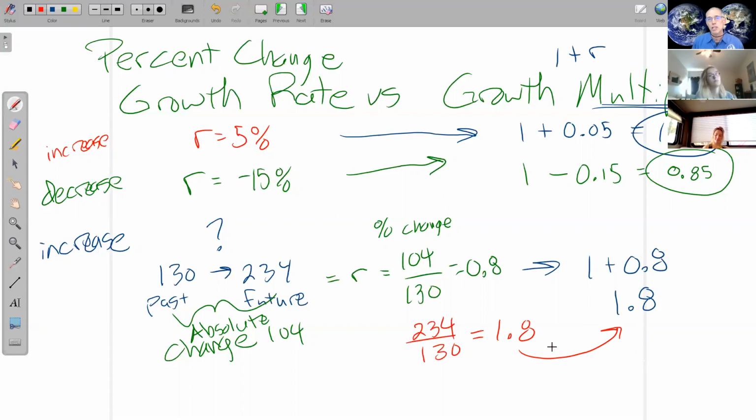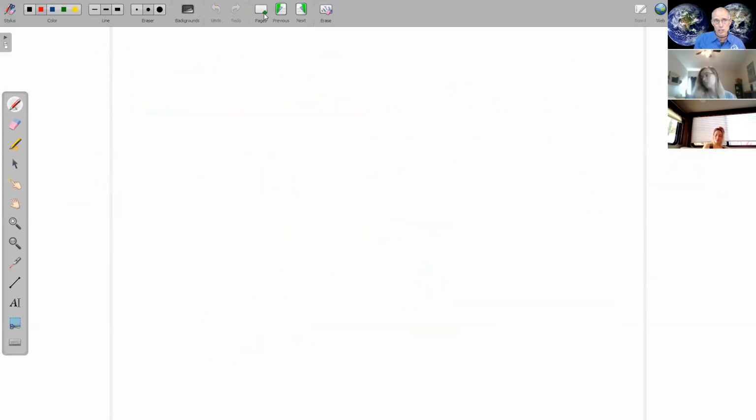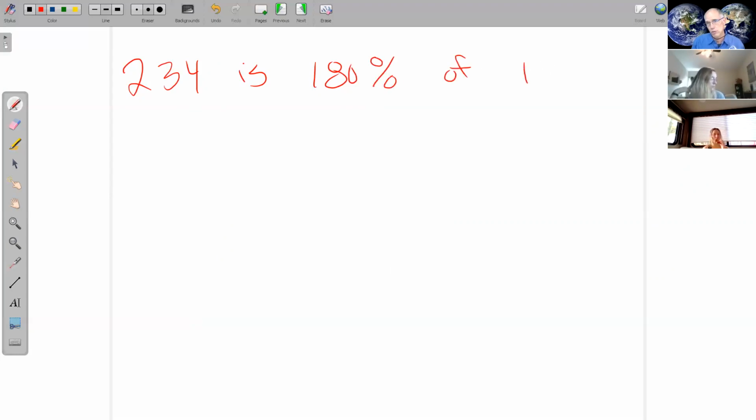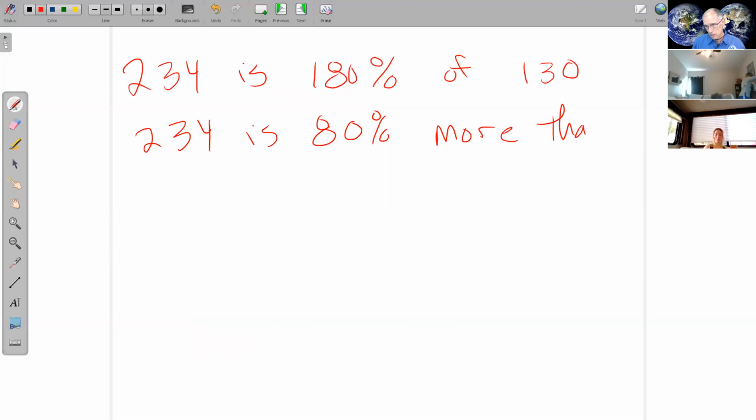So what this tells me in words is that 234 is 180% of 130. Another thing I can say is 234 is 80% more than 130. So there's a couple of ways I can use that information.